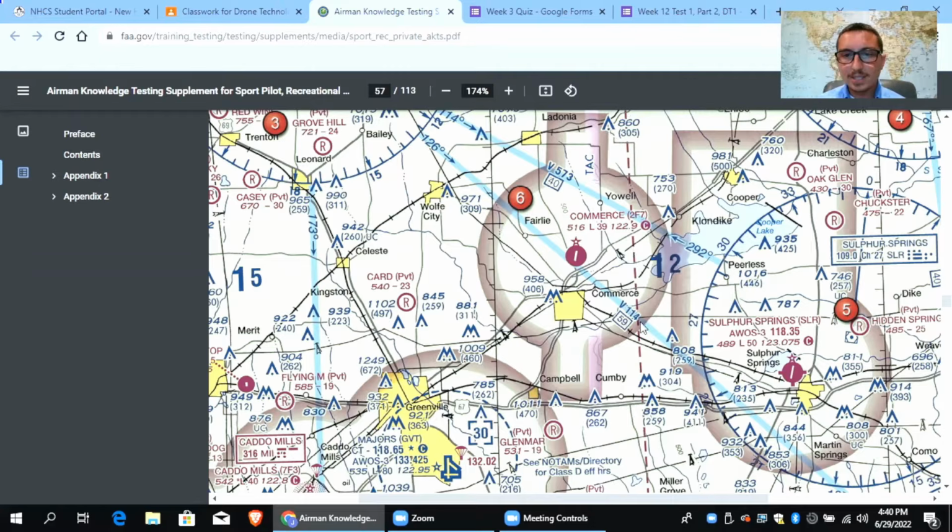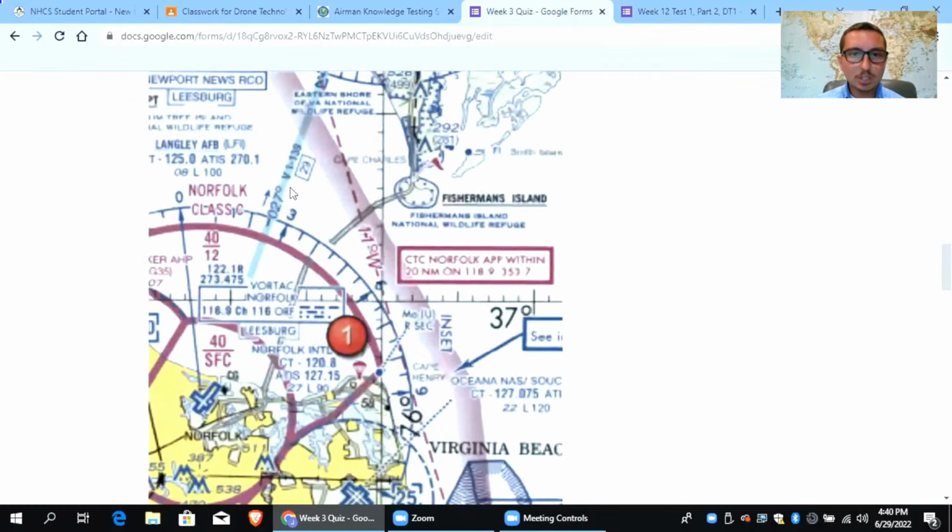And what this is indicating, and it's the same as this over here, what this dashed magenta line right here is indicating is the variation between true and magnetic north. So what happens is the Earth is round and it has these poles. And so there's a magnetic north and there's a true north. Longitude lines are based on true north. And so the magnetic north is going to vary depending where you're at in the world.